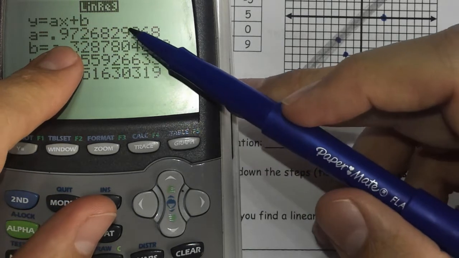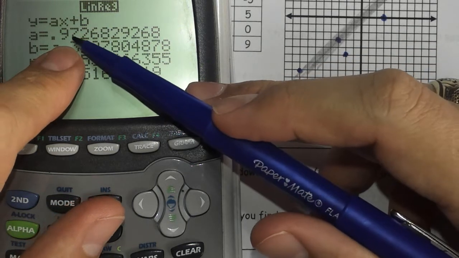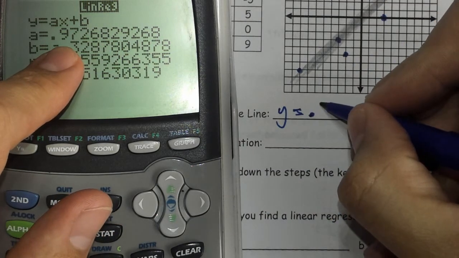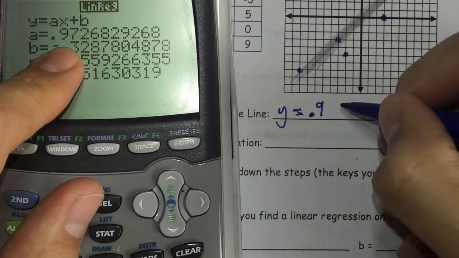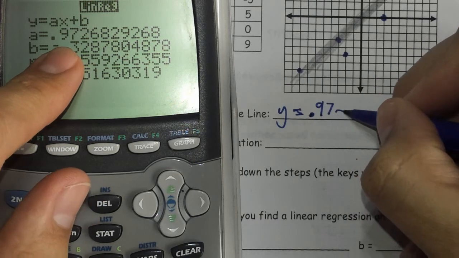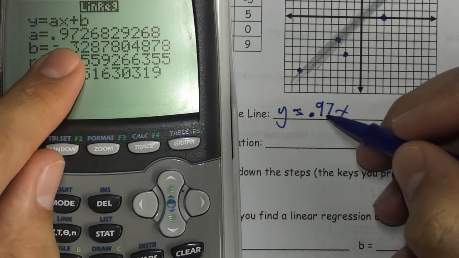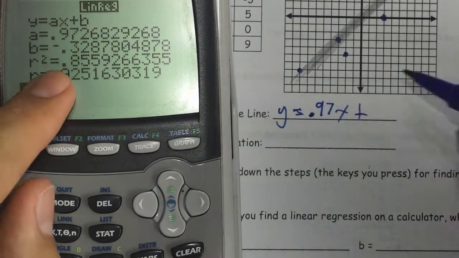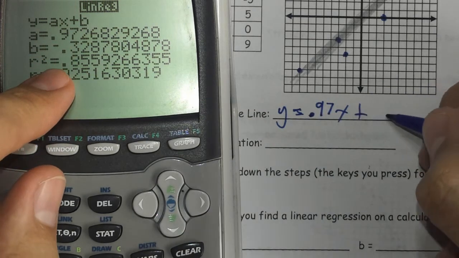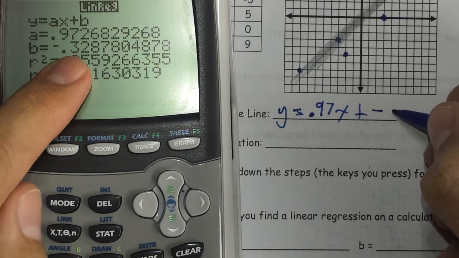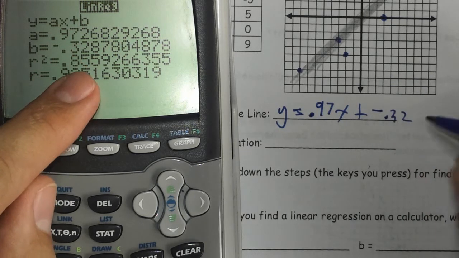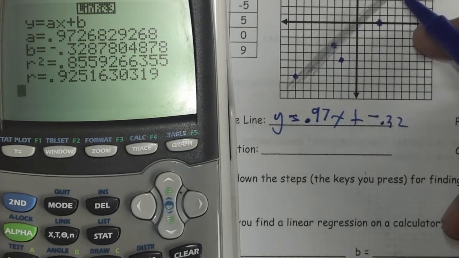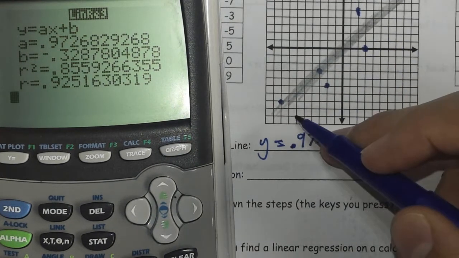Depending on how exact you can be, this is basically 1, but for simplicity, right now, let's round that to 2 places. 0.97x, that's my slope, 0.97, plus my y-intercept, which is b. I don't actually need a plus, it's actually minus 0.32. What it looks like is basically these are kind of falling along the parent function.